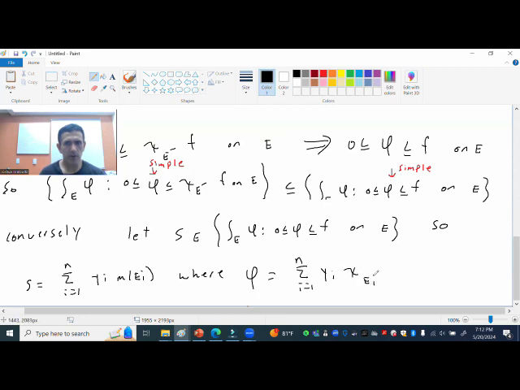I don't even care if this is the canonical decomposition of var phi, because no matter how I decompose my simple function as a linear combination of characteristic functions, this is always going to be true. So to be clear, I'll squeeze this in.